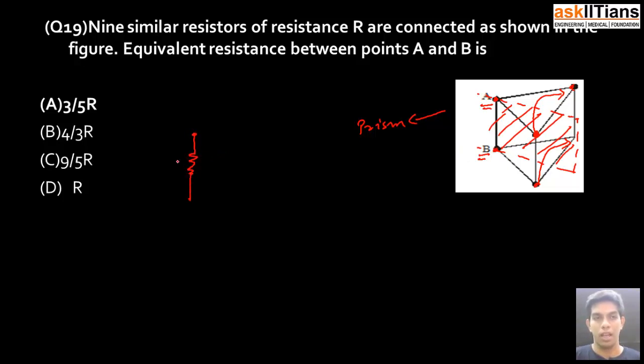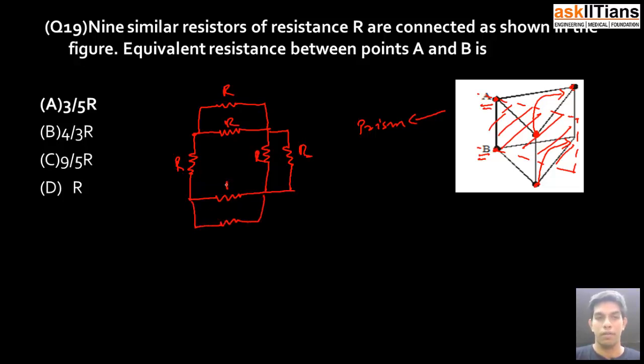Here I have the resistance R, another R in parallel with another resistance R. Same goes for this branch. This is R, this is R. This is also R, and these are the points A and B. So this will give me R by 2, this will give me R by 2, and this also will give me R by 2.